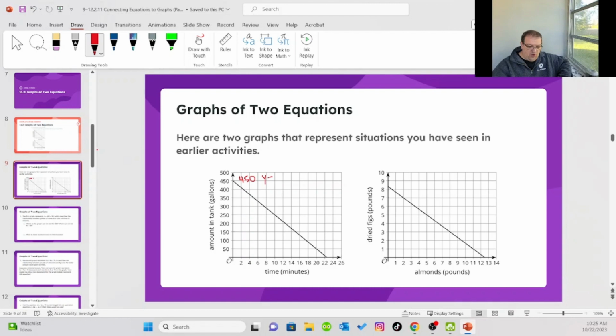That is our y-intercept. The negative 20 we see along the length of the line here. The negative 20 is our slope. We're losing 20 gallons per minute.